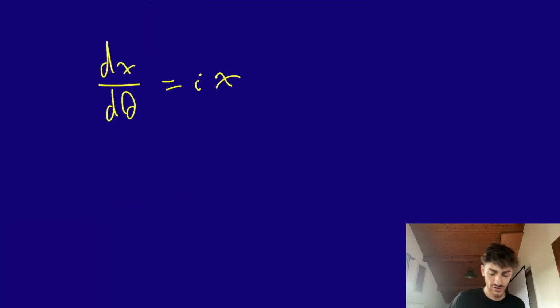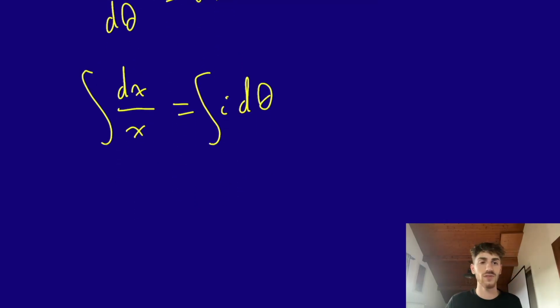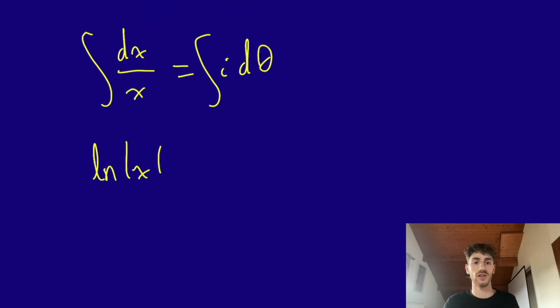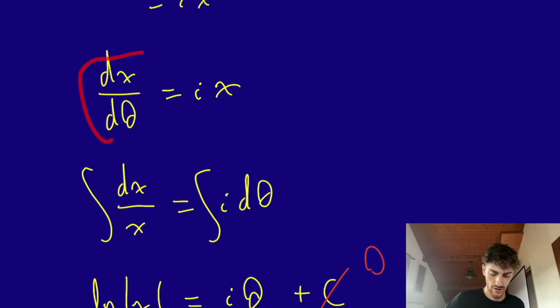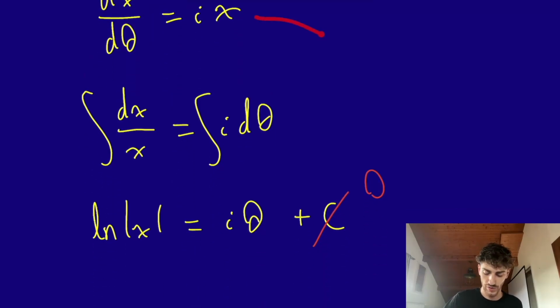Now I'm going to rearrange this expression to put all the x's on one side, and then i d theta on this side. And now I'm going to take the integral of this expression. So the integral of the left-hand side is ln x, and the right-hand side is i theta, and of course plus c. Actually, what you can show is that this constant c is equal to 0, using this expression you can prove that c is 0.